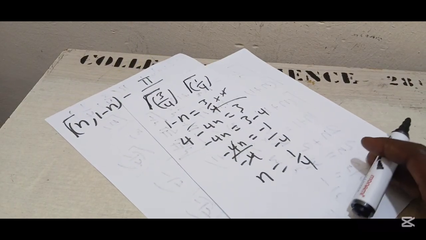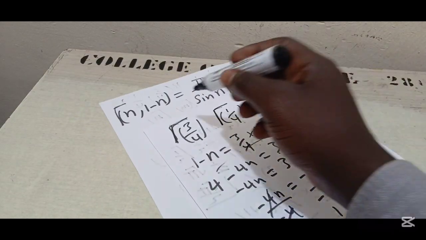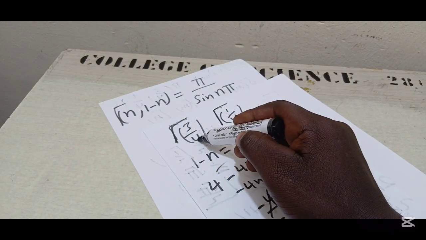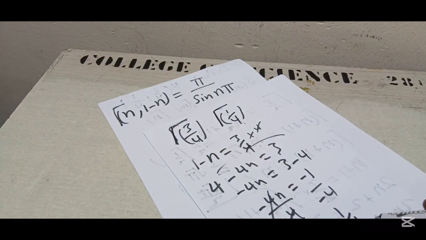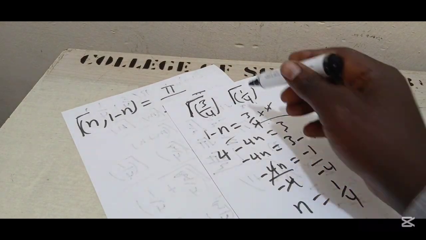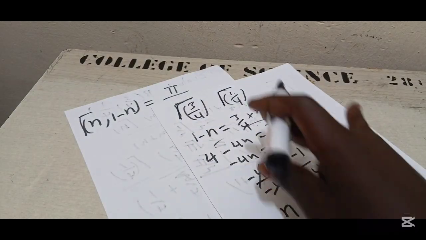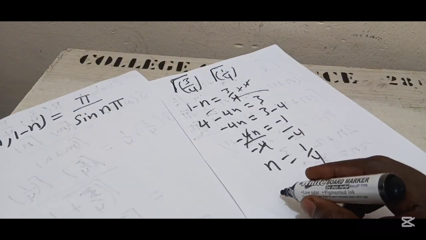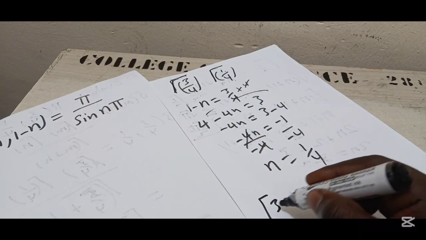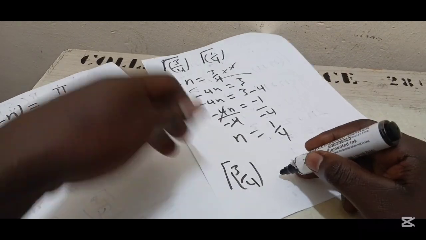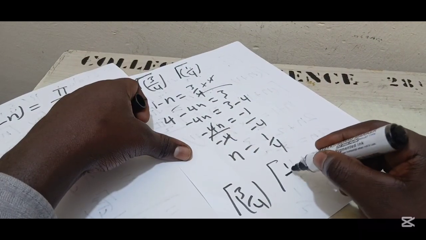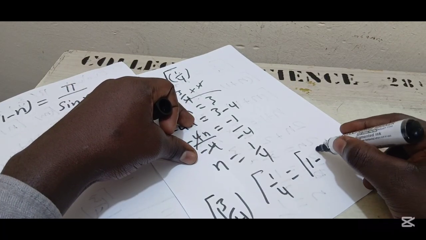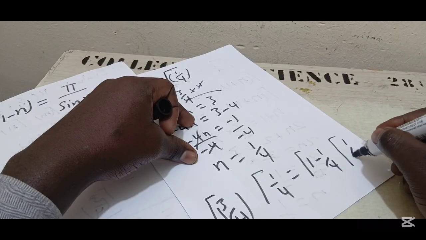So it means that I equated 1 minus n to 3 on 4. Now that I got my value to be 1 on 4, you can see that even this other term is gamma 1 on 4. So we have gamma 3 on 4 here, which is the same as gamma of 1 minus 1 on 4, times gamma 1 on 4.